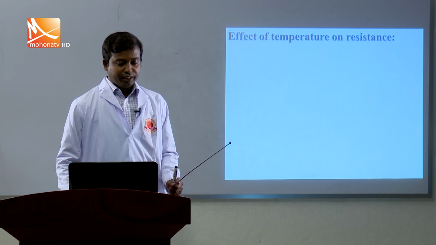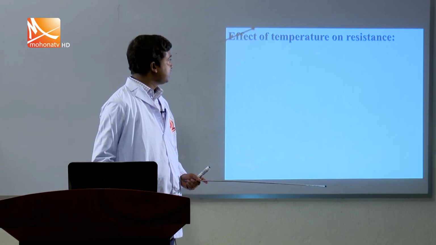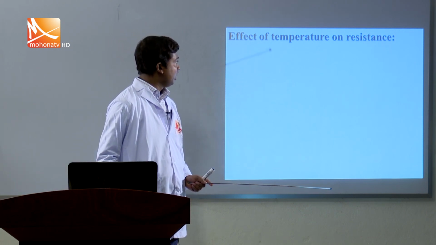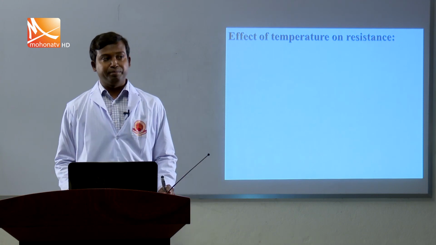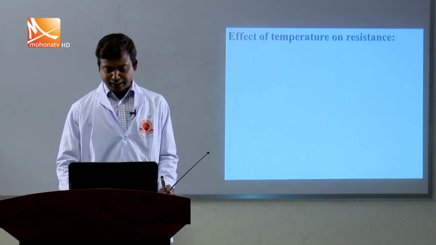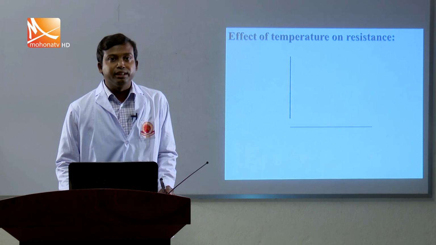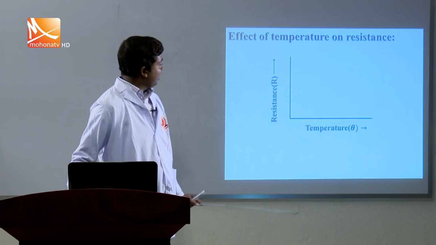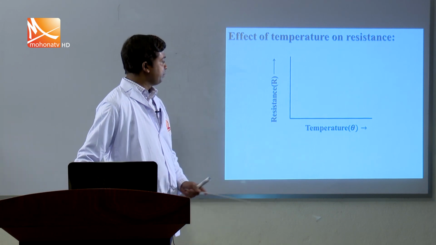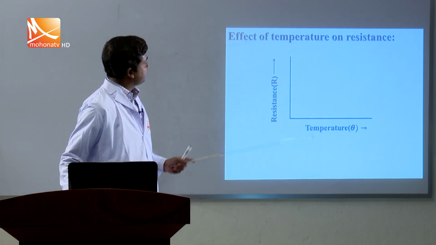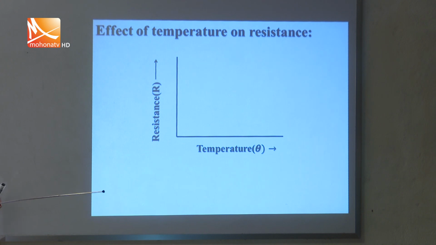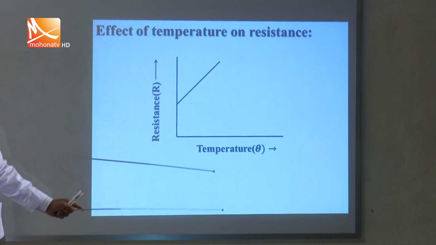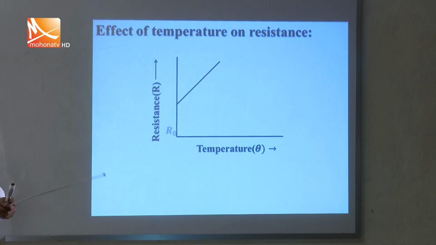Now, the effect of temperature on resistance. That means if we take a conductor at different temperatures, what will its resistance be? This will be described in a simple graph, where the x axis denotes temperature and the y axis denotes resistance, showing the relation between temperature and resistance.